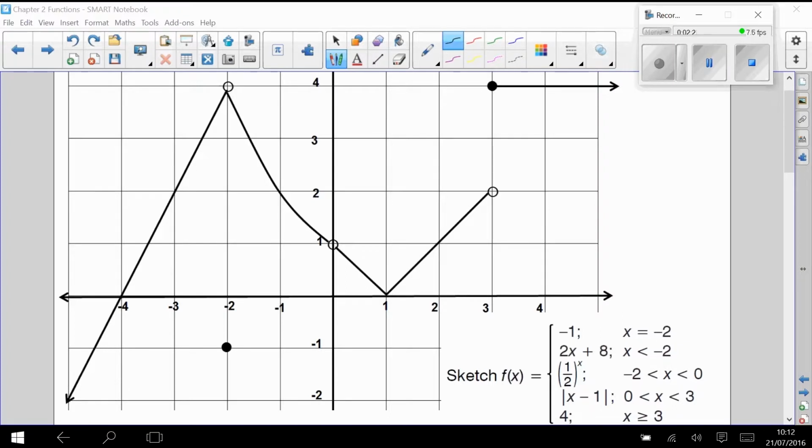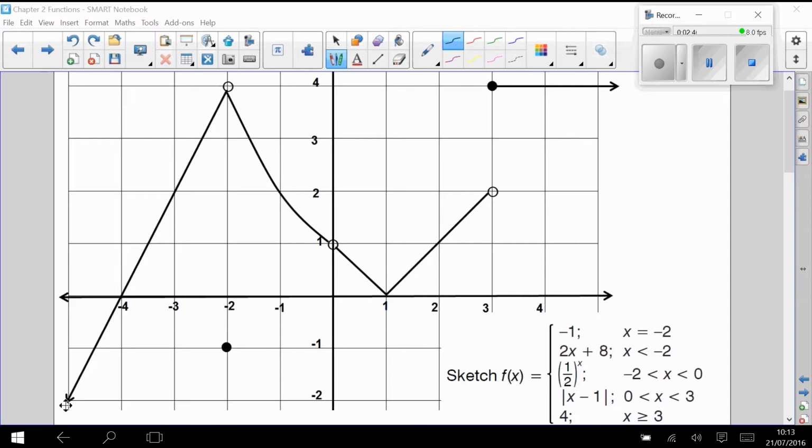The first question that we've been asked is to tell the range for the split function. Looking very carefully, you can see that the range starts up here when y is 4, and it can go all the way down until negative infinity. When we write the range, we write it from the smallest value to the biggest value.